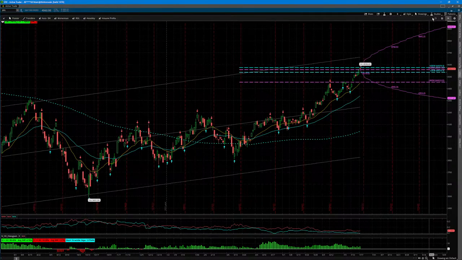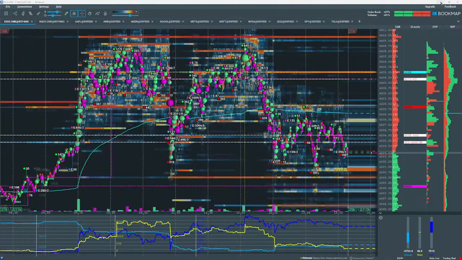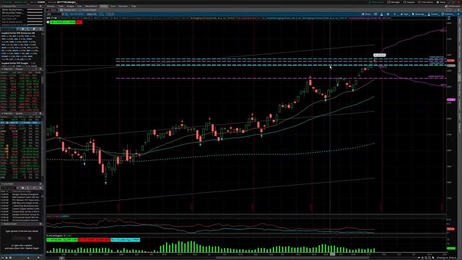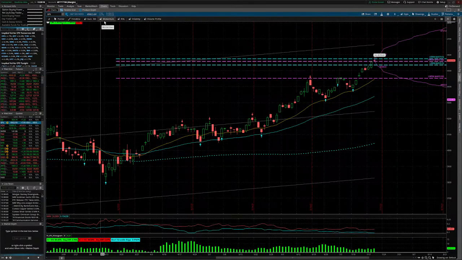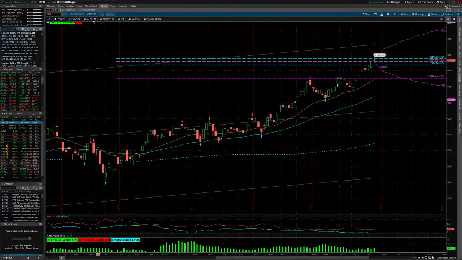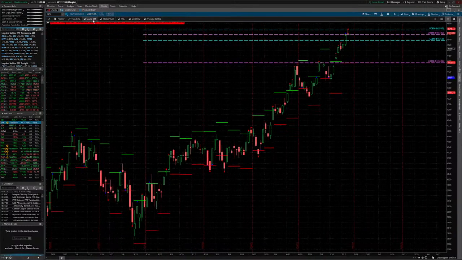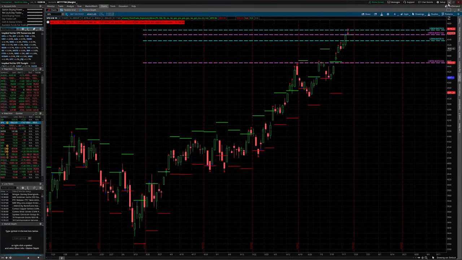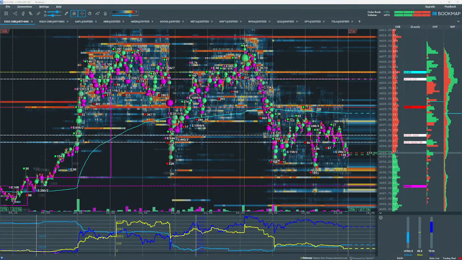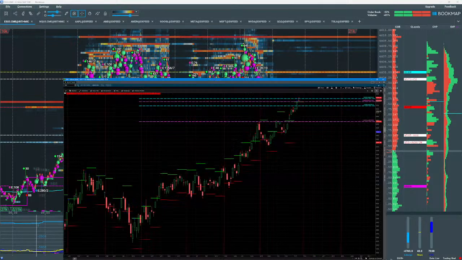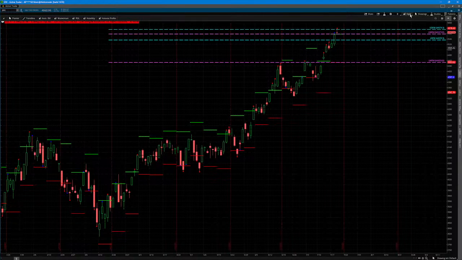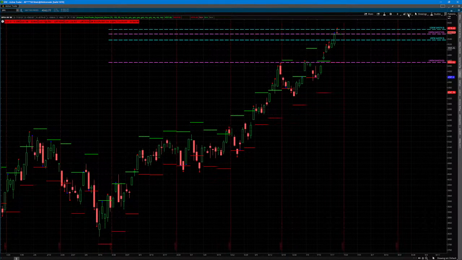Looking at this chart really messed up my other charts. Let me just go back to something else here. Sorry about this.